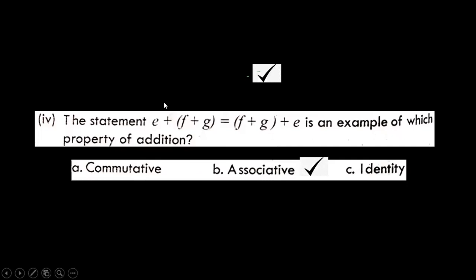In commutative there are just two, F plus G, G plus F. But here there are three elements. Okay, so it is done.